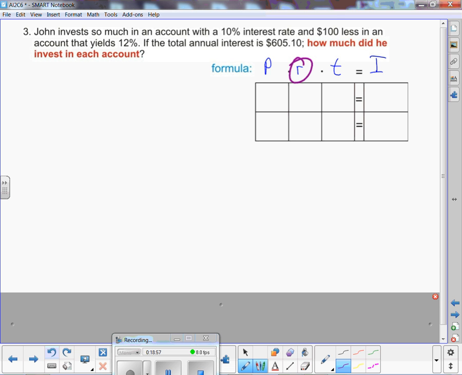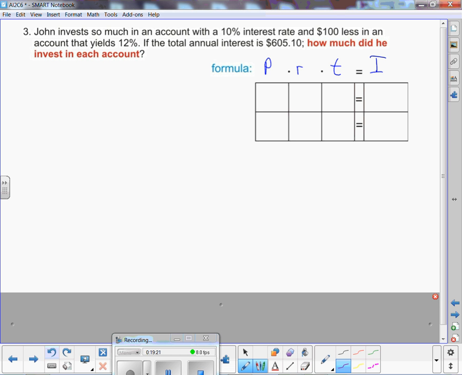Hopefully you're thinking decimal form. Time is going to be in years usually, 1 year, 2 years, 8 years, whatever. And interest is extra money you earn for investing or extra money you have to pay when borrowing.